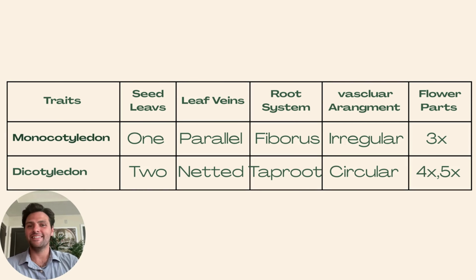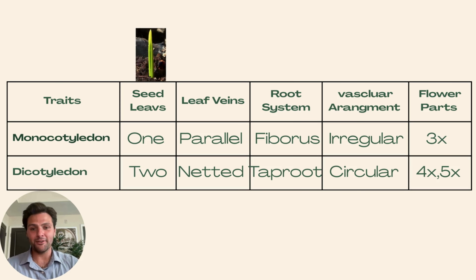Let's look at monocots and dicots side by side for a direct comparison. So, when it comes to seed leaves, monocots have a single seed leaf, whereas dicots have two. The leaf veins in monocotyledons are parallel, so that tip to base, that vertical, whereas in dicots it is a netted pattern.